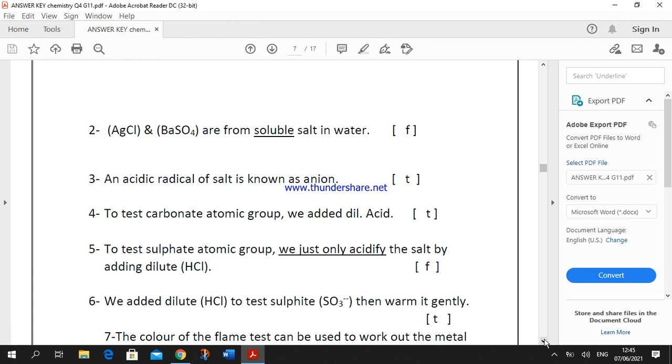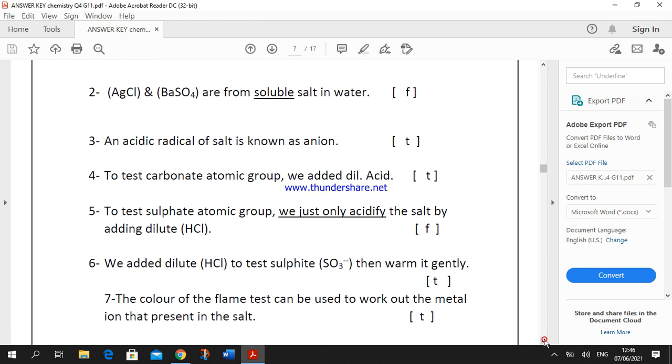True. To test the carbonate atomic group, we add dilute acid. True, because carbonate reacts with dilute acid to form carbon dioxide gas with effervescence. To test the sulfate atomic group, we only acidify the salt. False. We acidify the salt, then add barium chloride.